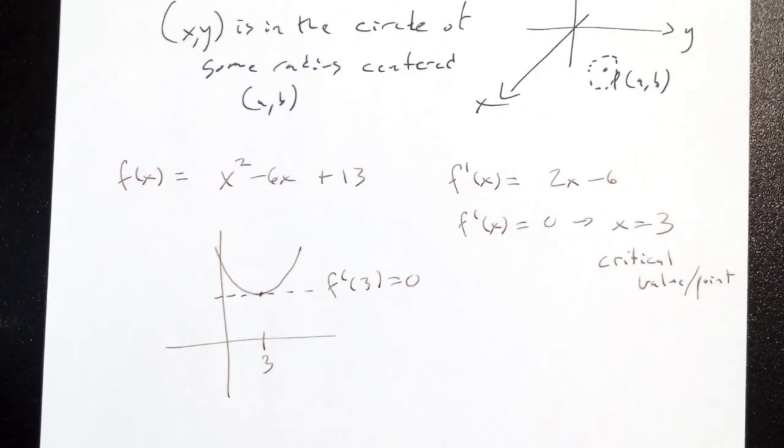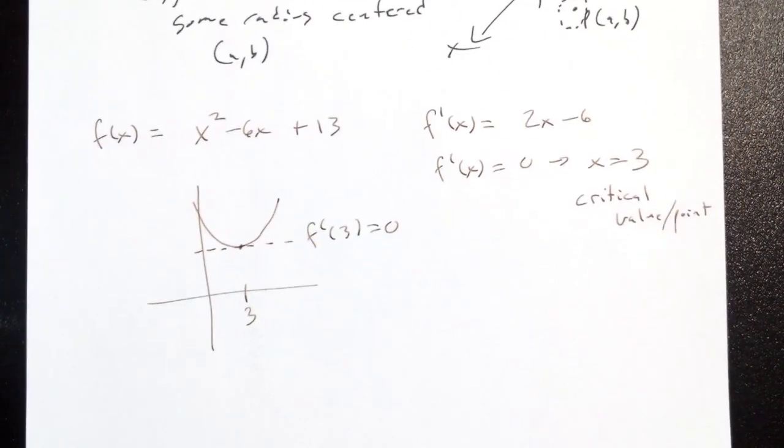I have a horizontal tangent line. The thing is flat. Now, I knew that that was going to give me a local minimum, in this case, an absolute minimum, because I know that the shape of this graph is a parabola. And because it's a positive x squared, I know it opens up. So I know that whatever critical point we have will be a lowest point.